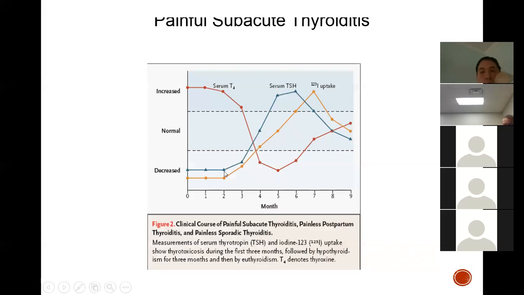We think that's maybe the body trying to preserve energy and metabolic power as the illness starts. And then during that period, serum T4, here in the red, will often be increased, and we think that's the body trying to fight off the illness. But then it decreases over time, which causes the TSH to rise. And then as the free T4 comes back up, the TSH starts to normalize.